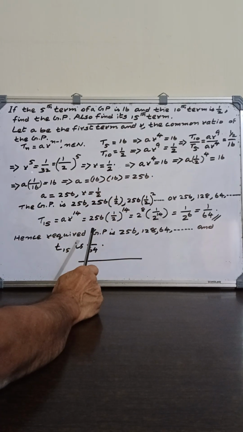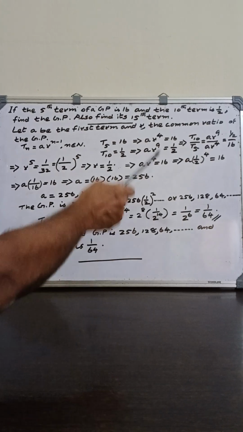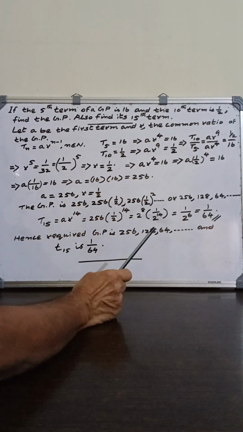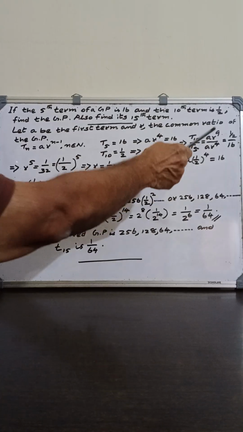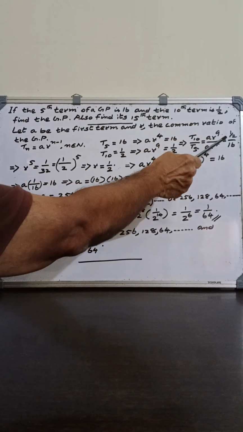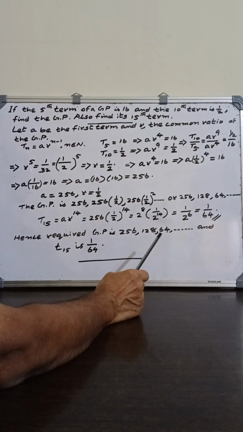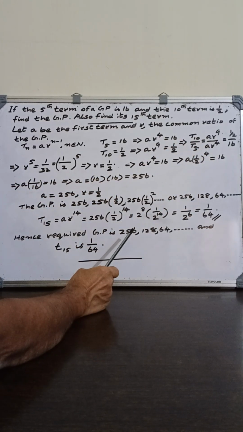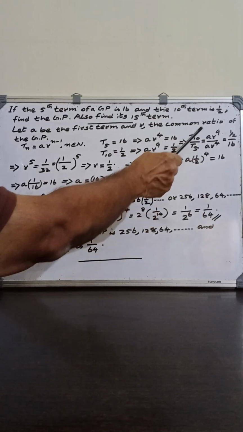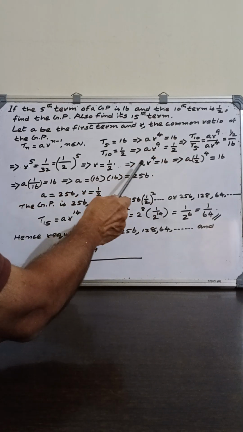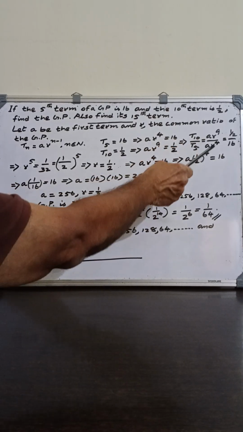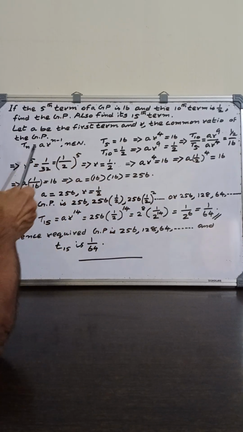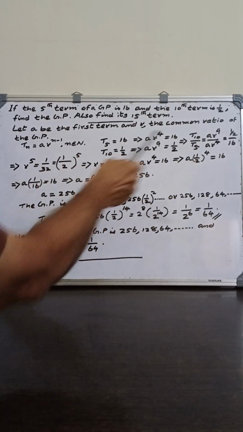Here it is a geometric progression, therefore we have to divide T10 by T5. That is A R raised to 9 by A R raised to 4 equals 1 by 2 by 16. That is T10 by T5, that is A R raised to 9 by A R raised to 4. A and A cancel.